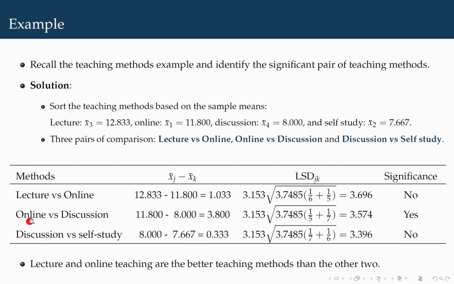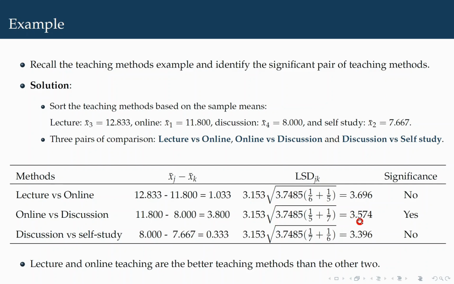Going to online and discussion. The mean of the online group is 11.8. For discussion it is 8. So the difference is 3.800. We can also calculate the LSD value. The only difference is going to be on the number of observations: 1 over 5, the number of observations of the online group, plus 1 over 7, the number of observations of the discussion group.